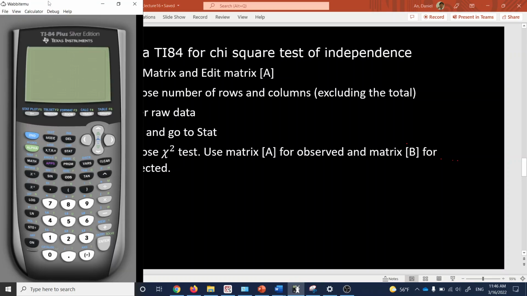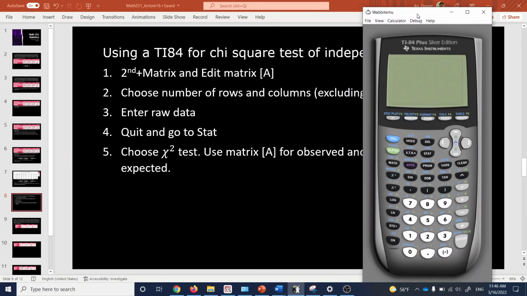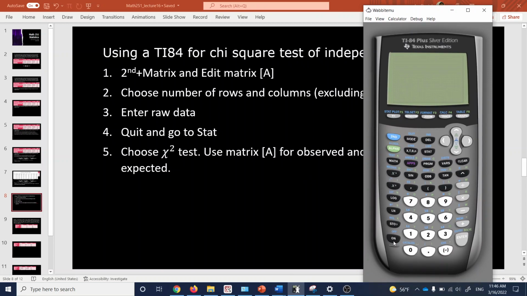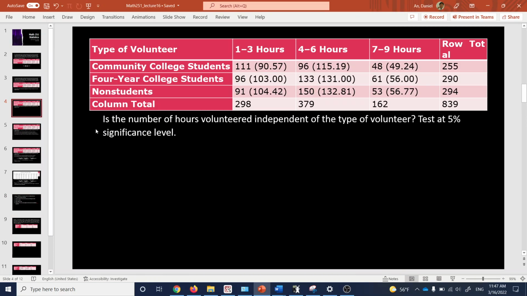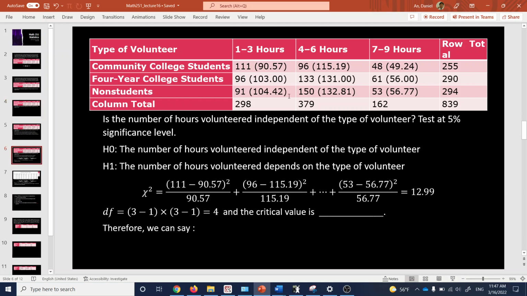What you want to do is first go to second, and you see this matrix here, second matrix. And then you want to edit matrix A. And let's just try this one that we just did, this data.